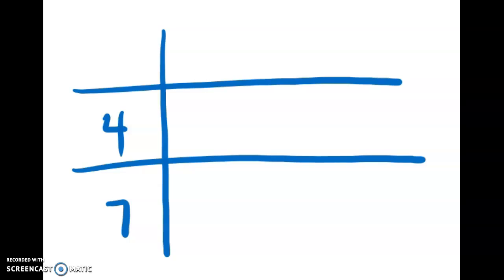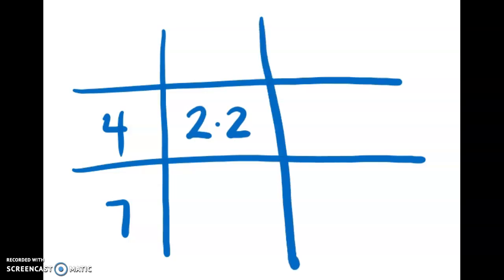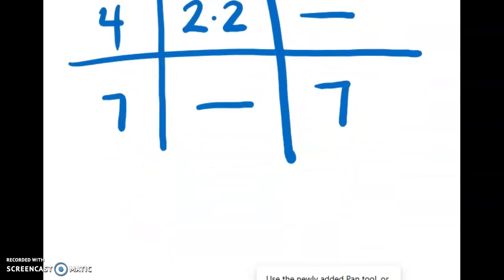If I prime factor 4 out, it is the same as 2 times 2. 7 is a prime number. It doesn't have any factors of 2, but it has a factor of 7. And so looking at this, my least common multiple for the denominator would be made up of the highest number of factors in each of these columns.